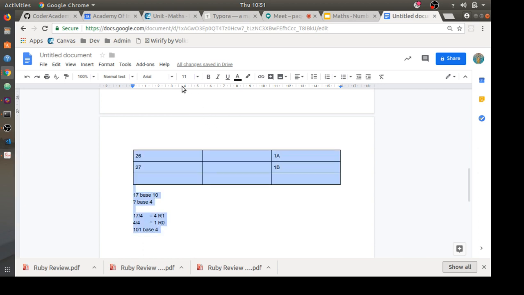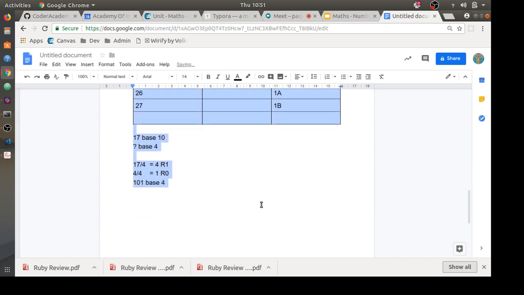I'm just going to make my font bigger. Is the base number just the number you divide the original number by? Yeah, when we're converting from base 10 to base 4, then we divide by 4. If we were going base 10 to base 7, we divide by 7. Base 10 to base 8, we divide by 8. Base 10 to base 16, we divide by 16.